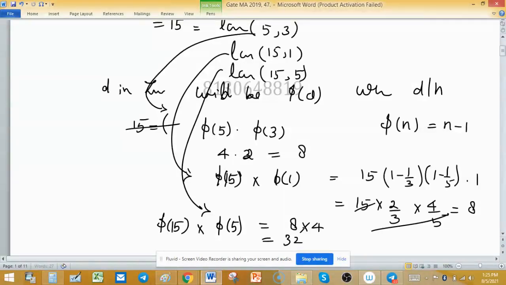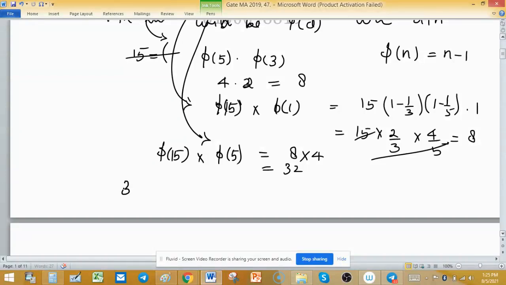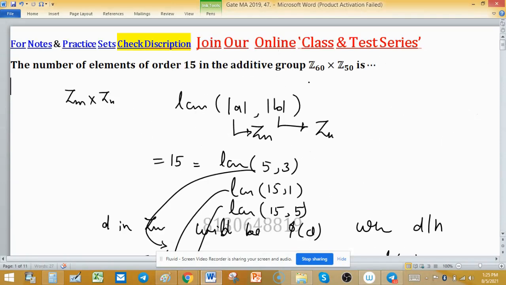So this is 32. So the total elements of order 15 are 32 plus 8 plus 8. There are 48 elements having order 15 in Z60 times Z50. Remember one point: we have to form order 15 from elements coming from the respective groups. So the answer is 48.